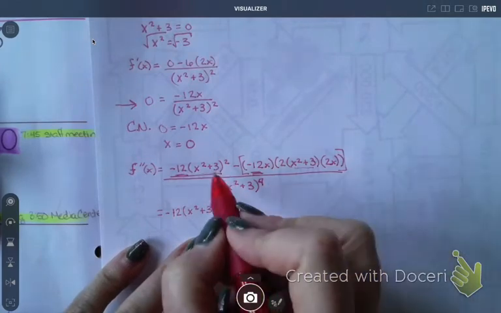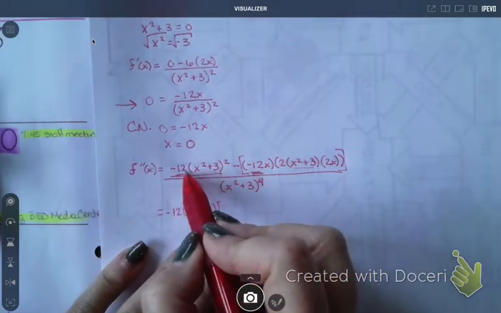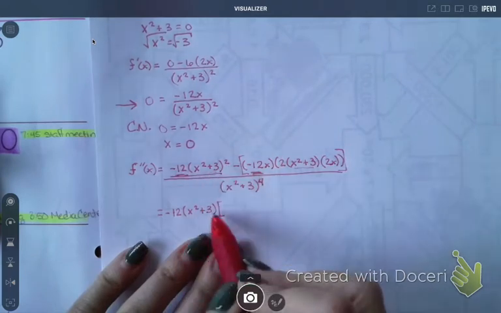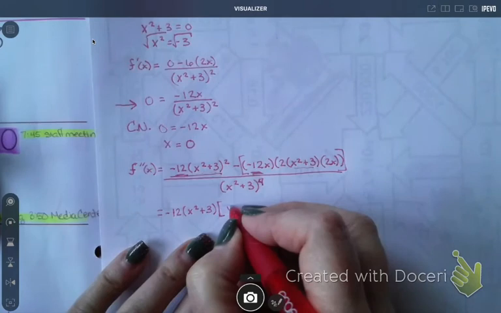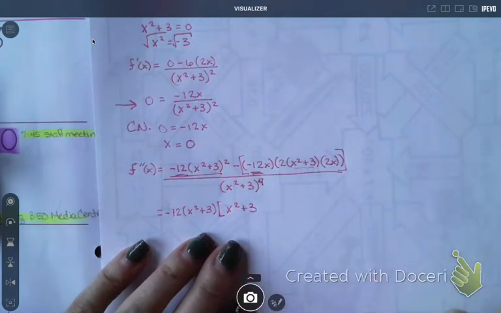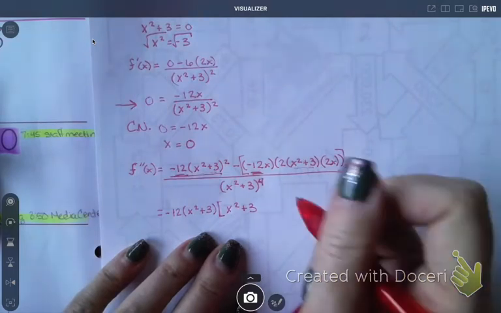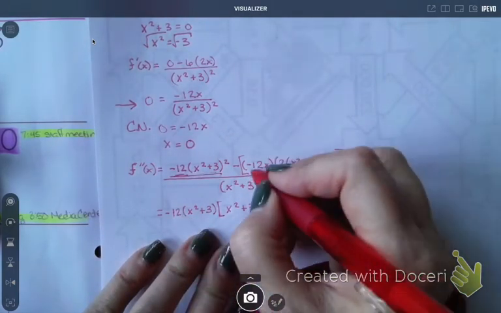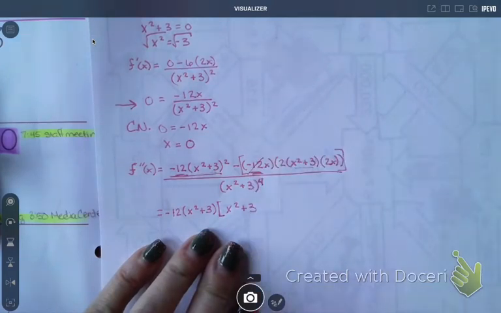Okay, so when I divide negative 12 by negative 12, I get 1. When I divide x squared plus 3 squared by x squared plus 3, I still have what? One x squared plus 3. I still have one of them left. Now I have a negative 12 divided by negative 12. That's a 1, so this is reduced out.